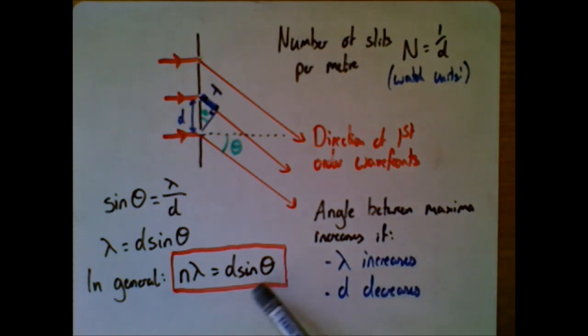Now theta is 90, that makes sine theta 1. Okay, so n would then be d over lambda. But do be careful. Let's say you got an answer of 4.3. I've made that number up, but let's say your answer was 4.3. You'd have to remember to round down, because that would mean you could see the 4th order, but you couldn't yet see the 5th order. So the maximum order would be n equals 4.